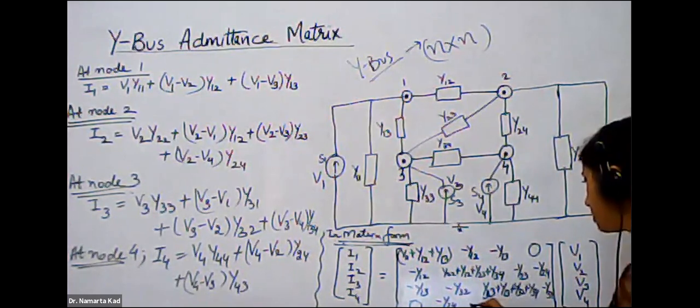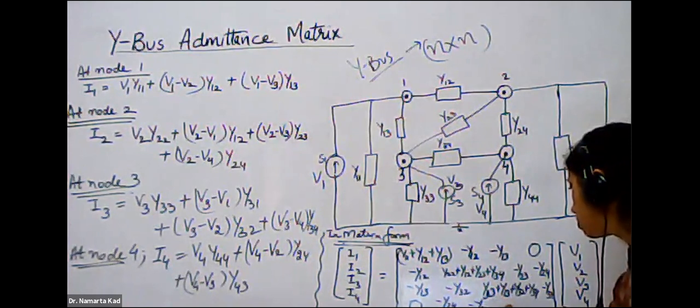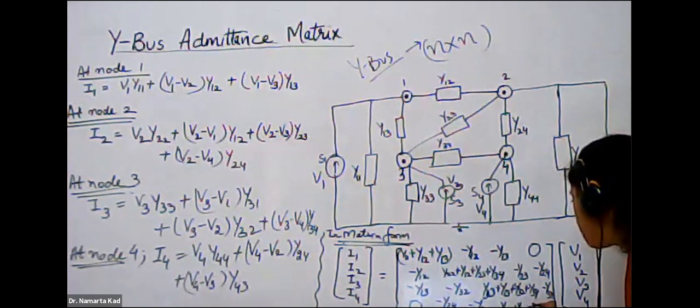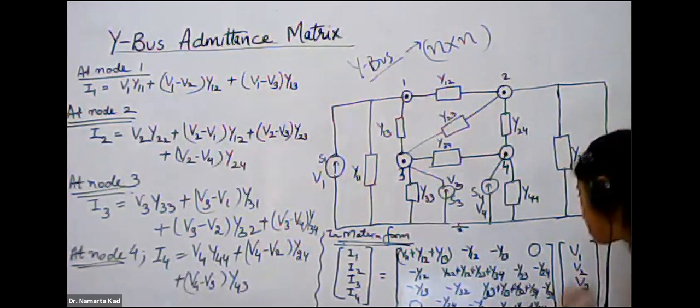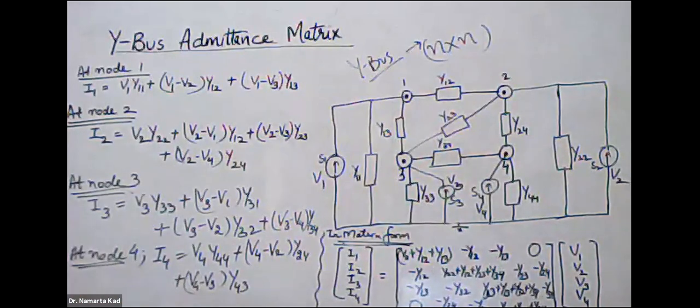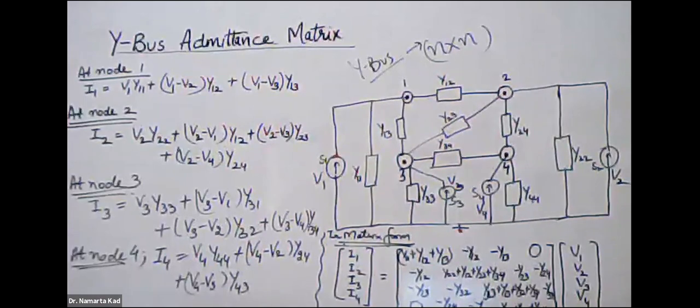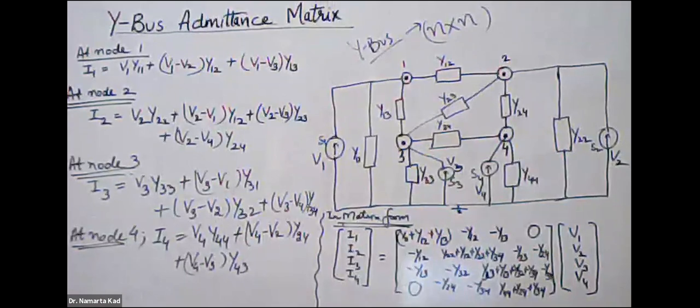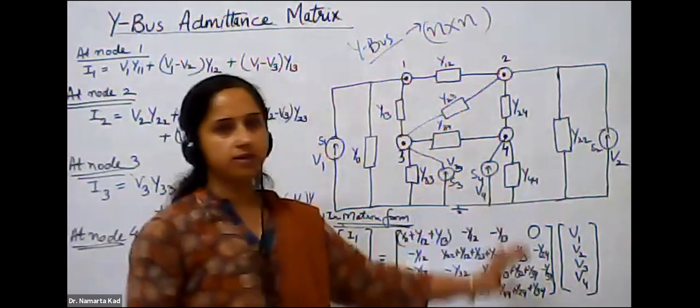Okay, then minus Y34, then Y44 plus Y24 plus Y34. So this one is the Y bus admittance matrix. Okay, and this one complete is called the Y bus admittance matrix.